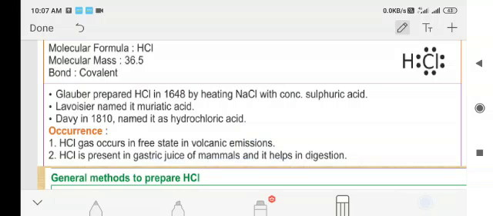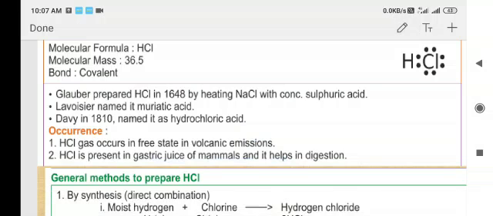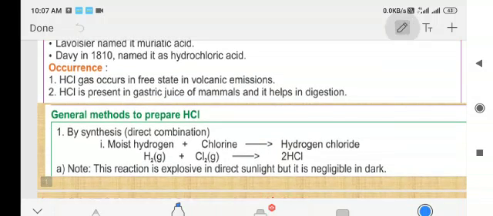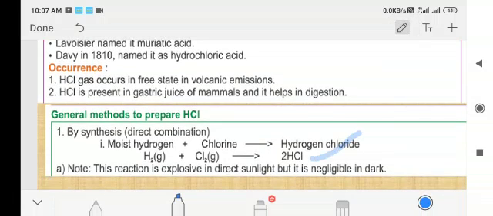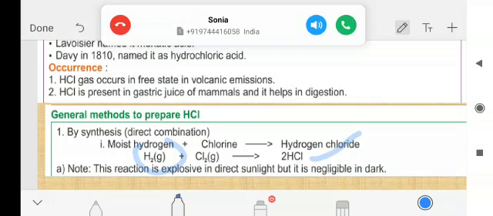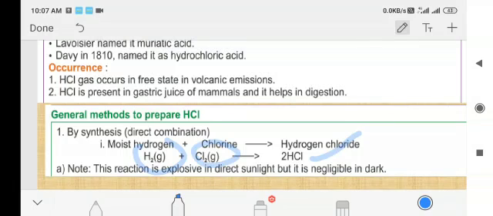Then about a general method of preparation, HCl can be prepared by reacting hydrogen and chlorine. We will get HCl gas, and this reaction takes place only in direct sunlight, and in the dark this reaction will not take place.